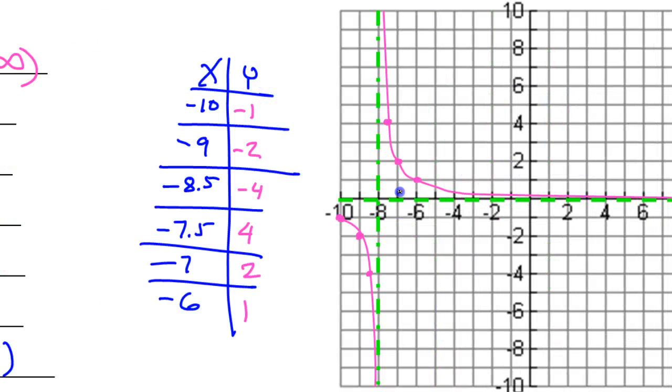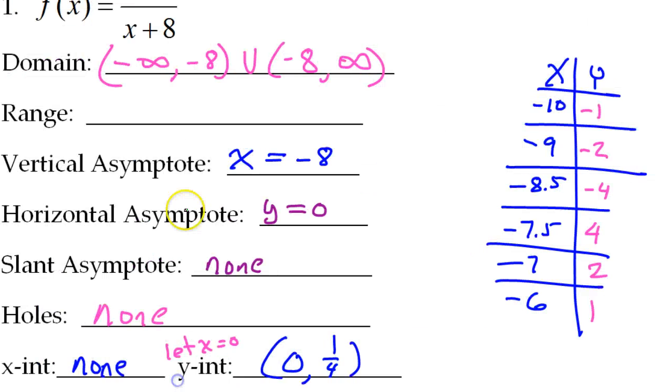In the picture we're just trying to skip over the vertical asymptote. We use round parentheses to show that the negative 8 is not actually included, and of course it can't be because there's an asymptote there.